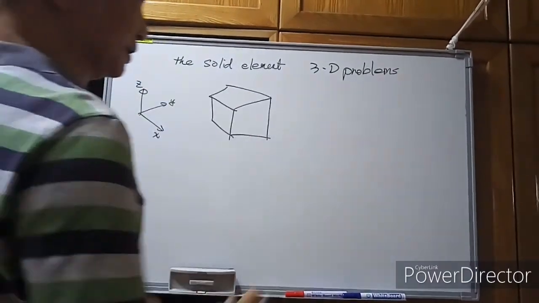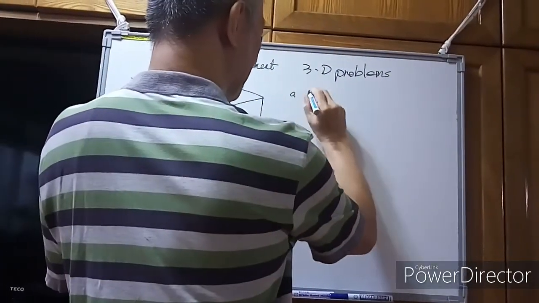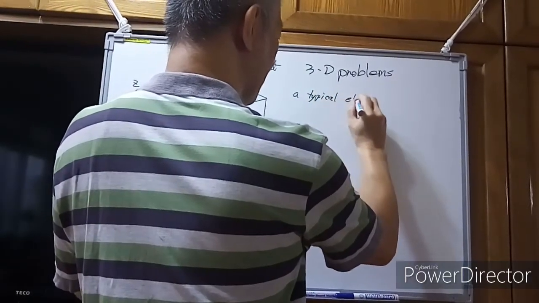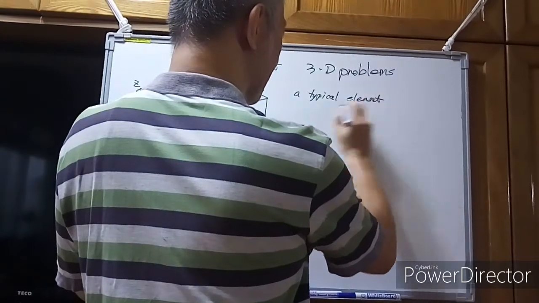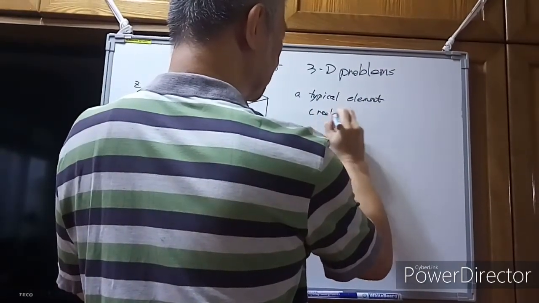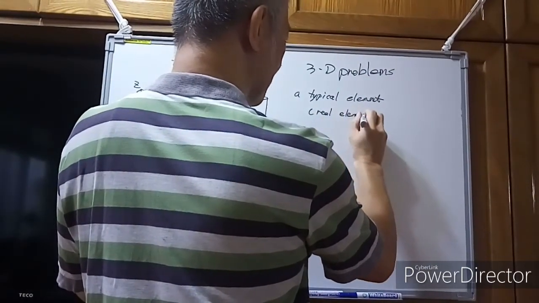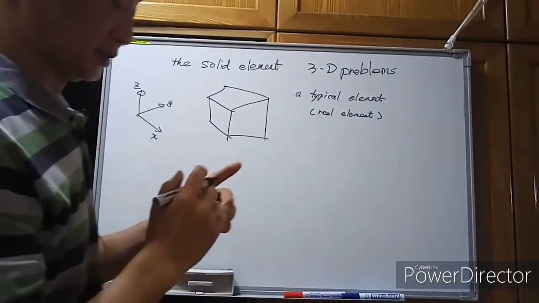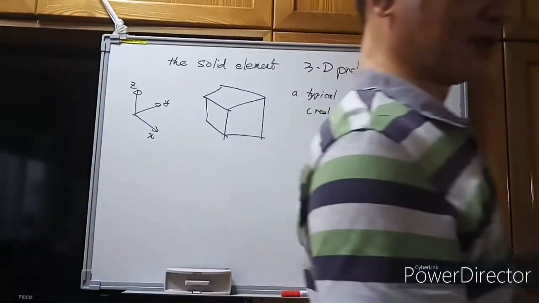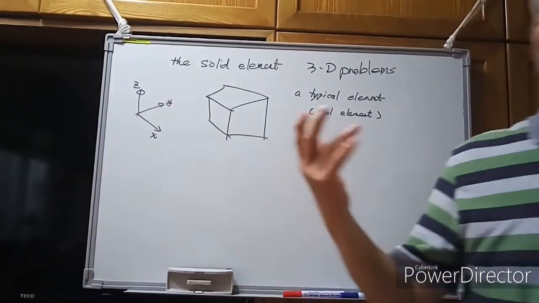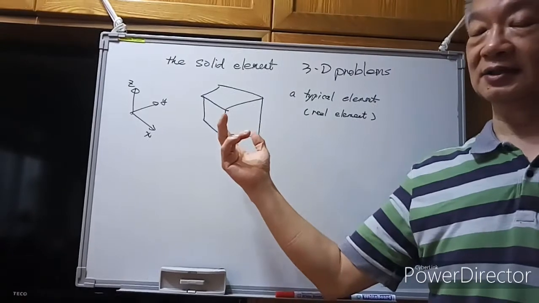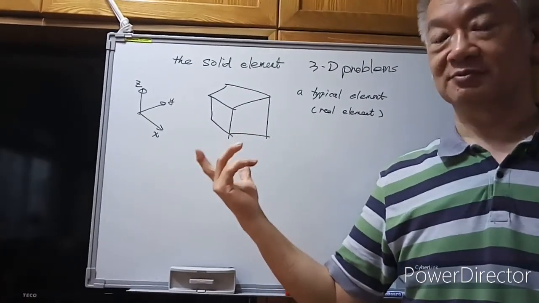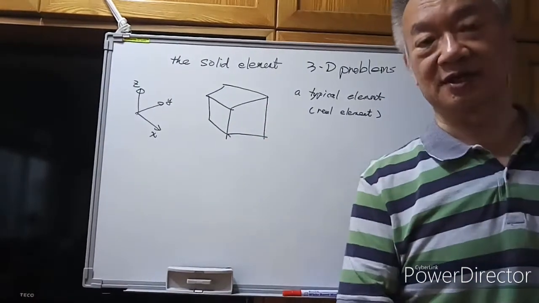Let's take a typical element, sometimes we say the real element, as an example to check how we can define the geometry of this element, and how we can define the displacement functions used by this element.